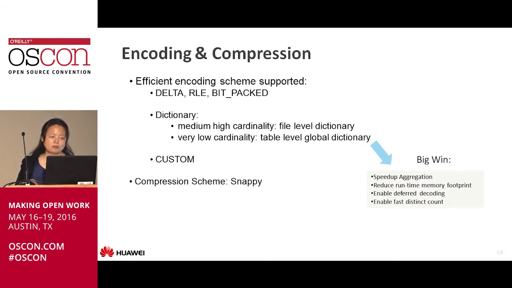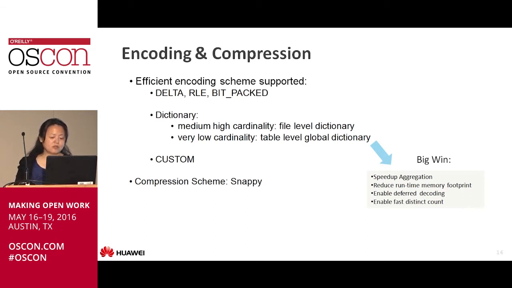So this is a big win for us because now with the global dictionary encoding, you can operate on encoded values all the way through the query stage until right before you return the result back to the client. So speeding up aggregation is key. It also reduces the runtime memory footprint, and the deferred decoding I just mentioned.